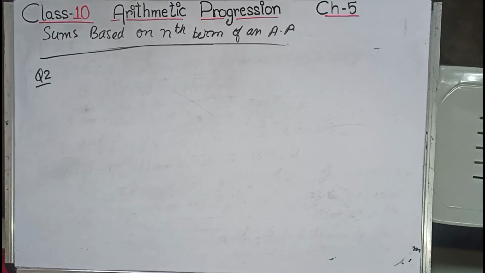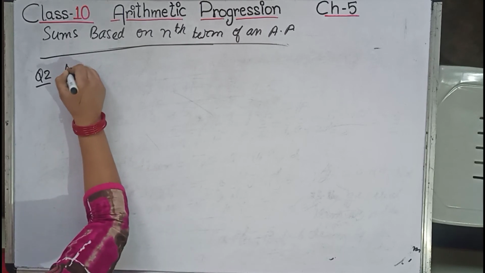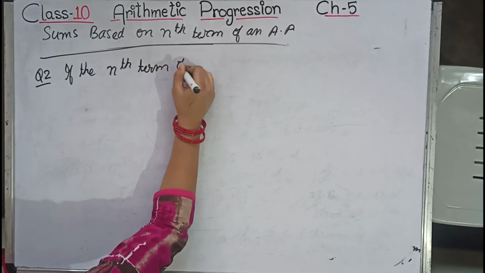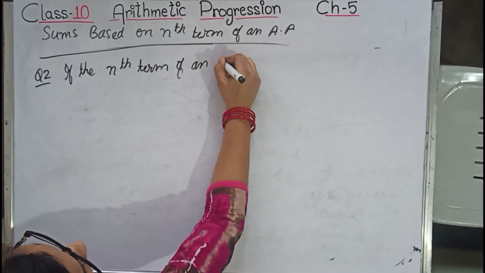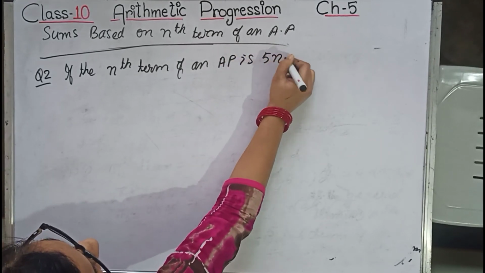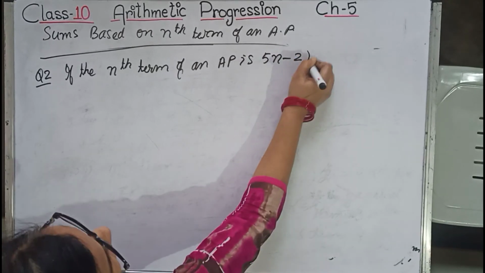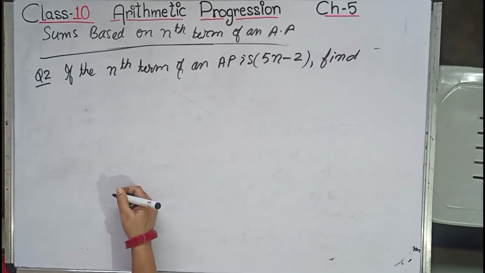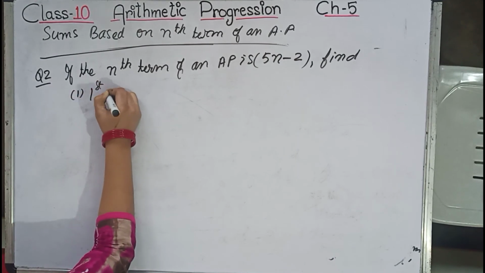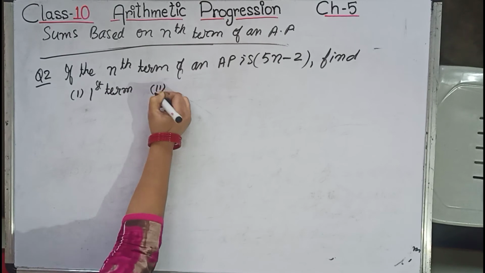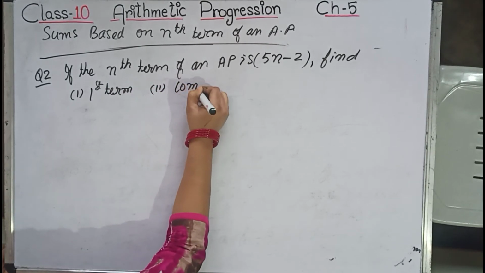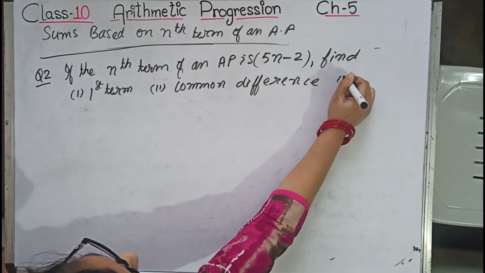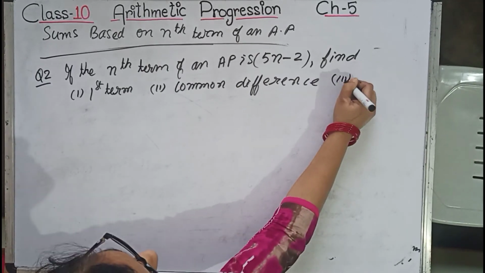Now question number 2 is: if the nth term of an AP is 5n minus 2, find number 1 its first term, number 2 common difference, and number 3 the 19th term.